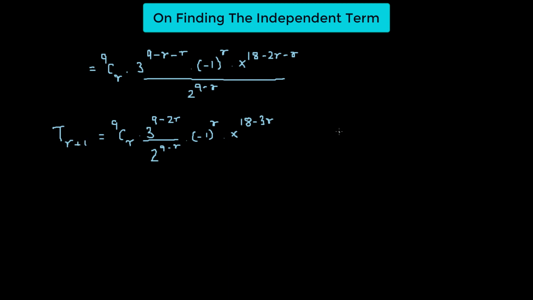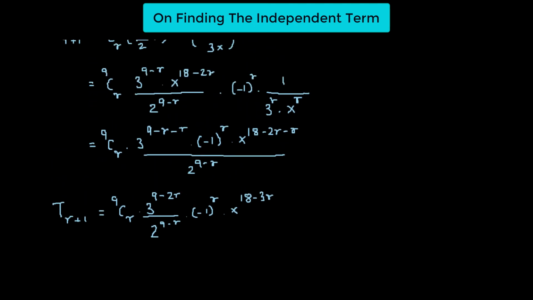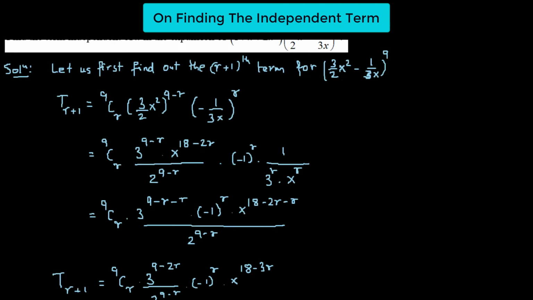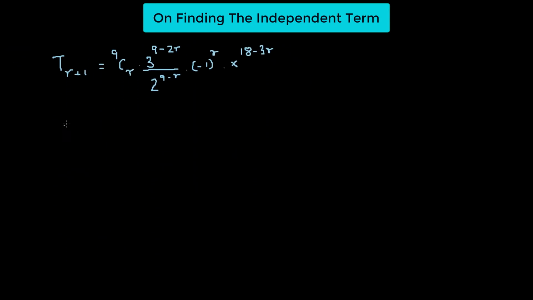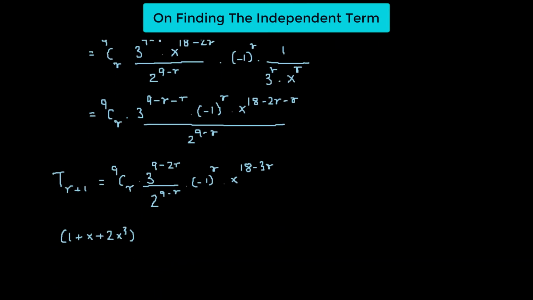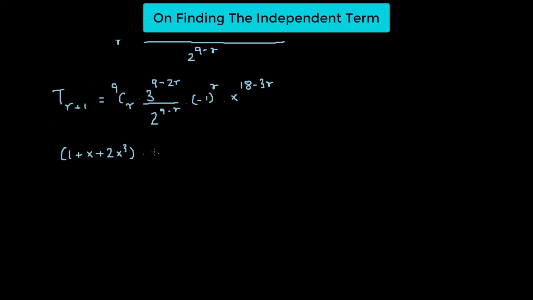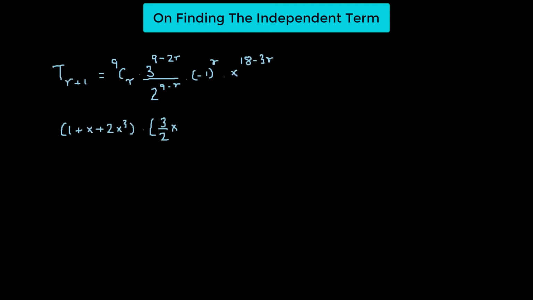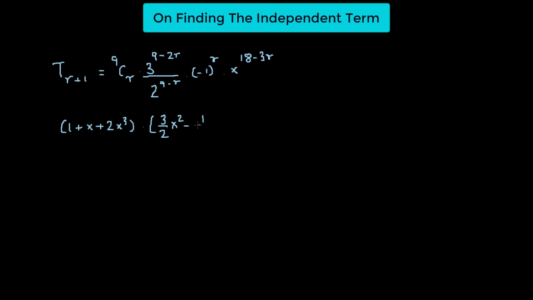Now what we do, we take it and multiply it by the first part, which is 1 plus x plus 2x cubed. Let me recheck. Yep, it's 2x cubed, times (3/2 x squared minus 1/3x).